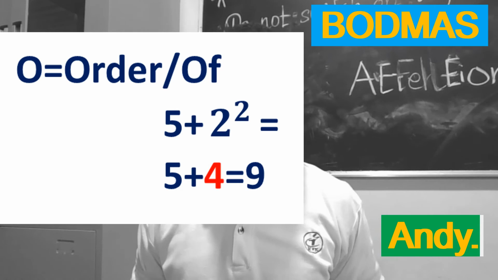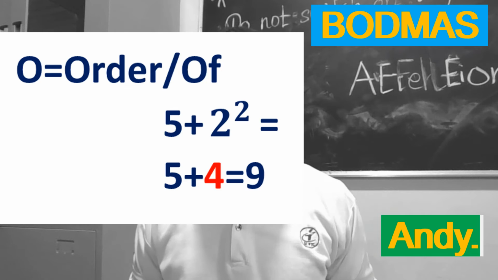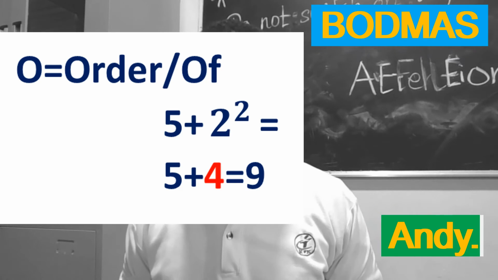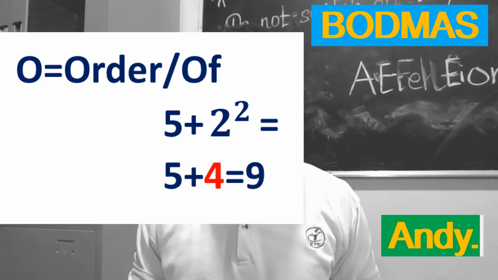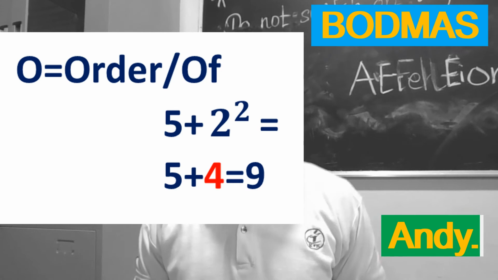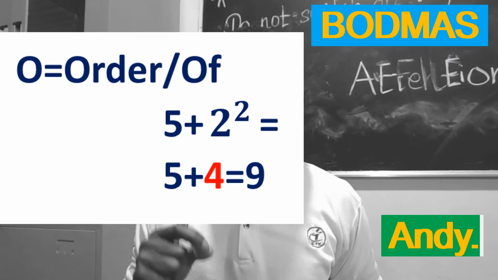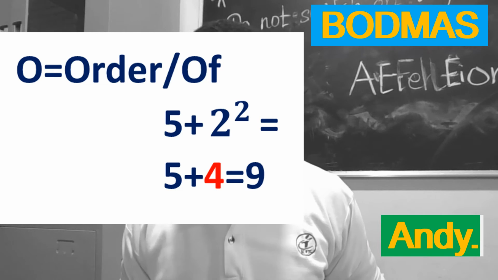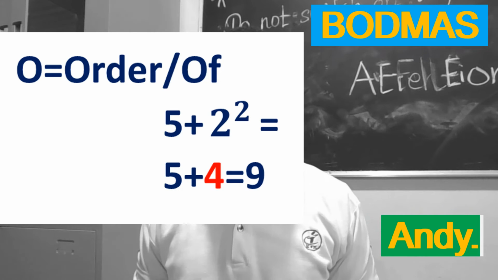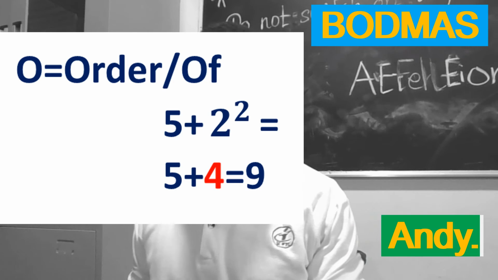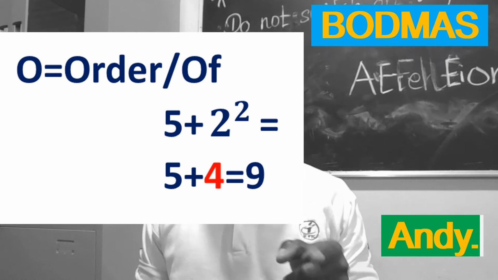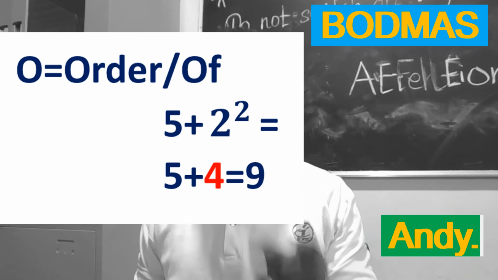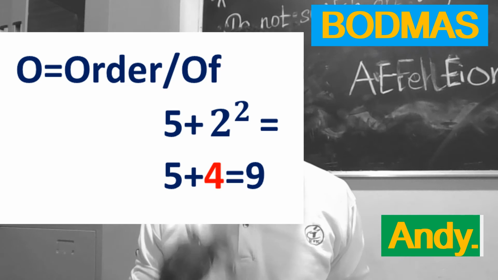So let's have an example here. Let's say I have 5 plus 2 exponent 2, or 5 plus 2 raised to the power 2. BODMAS is telling you that this one we don't have a bracket, so the next step is we move on to the order of, or the power, or the exponent.